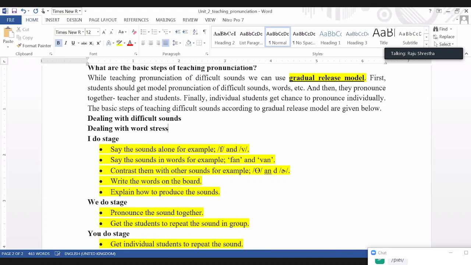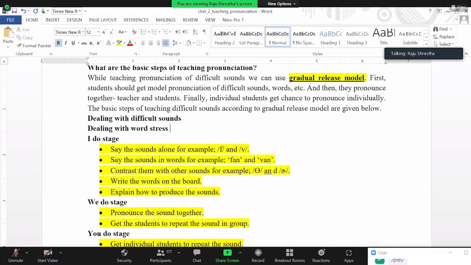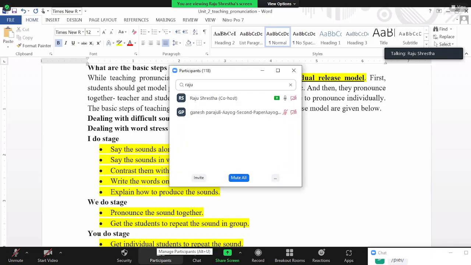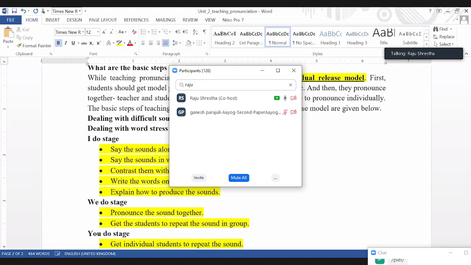Word stress मा पनि जान सक्नुहुन्छ हैन. Just you pick up some words हैन, जस्तै noun र verb हैन. Noun र verb मा for example the word present, present, this is noun हैन.